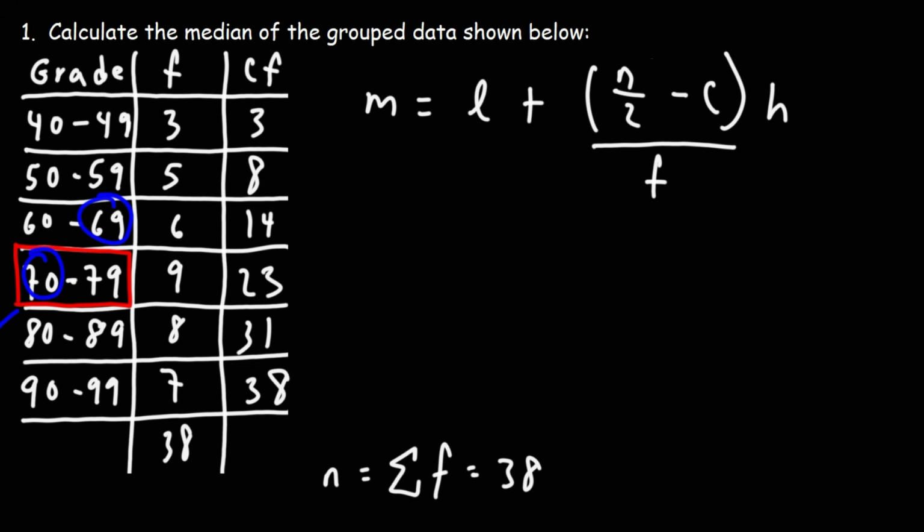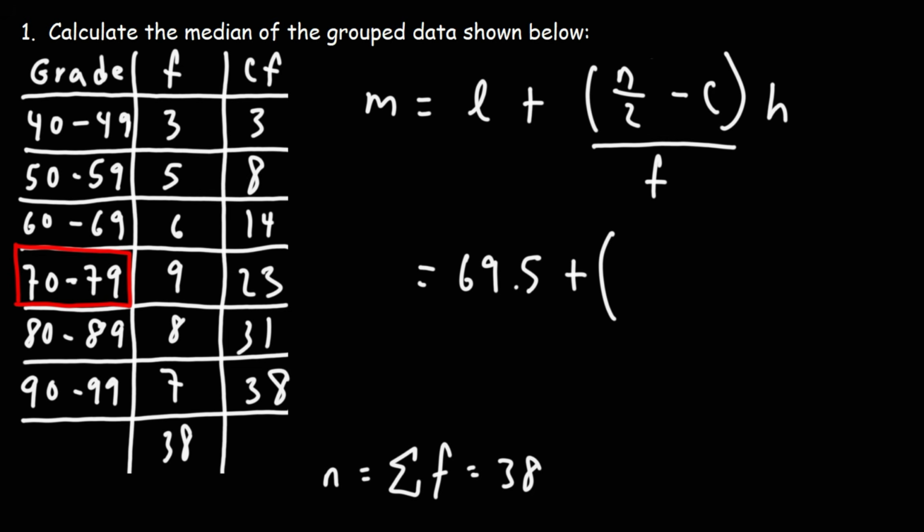So the midpoint between 69 and 70 is going to be 69.5. That's the average of 69 and 70. So that's the lower boundary of the median class, 69.5.